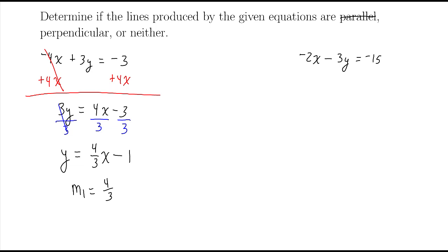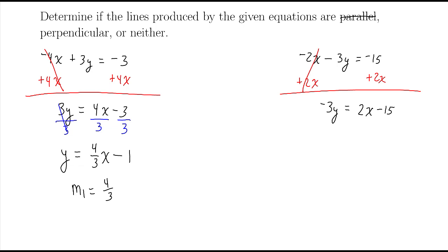Let's go to negative 2x minus 3y equals negative 15. Let's get rid of the x variable term on the left side. That will give me negative 3y equals 2x minus 15.